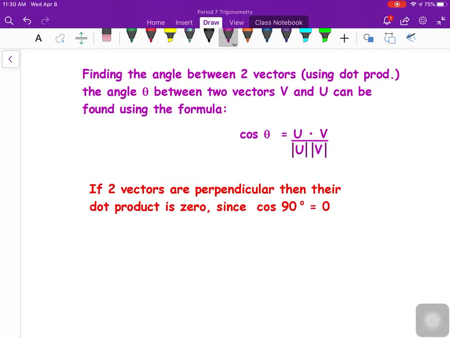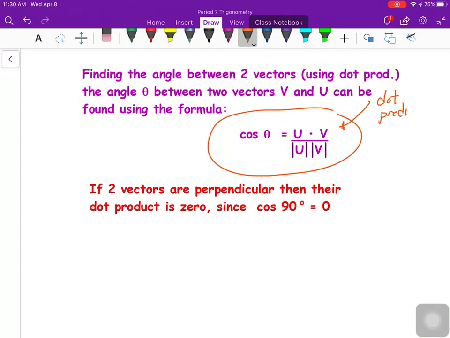The reason we do this particular type of vector multiplication is this is important in calculating the angle between two vectors. And here is the formula for calculating the angle between two vectors. We need to know the dot product.